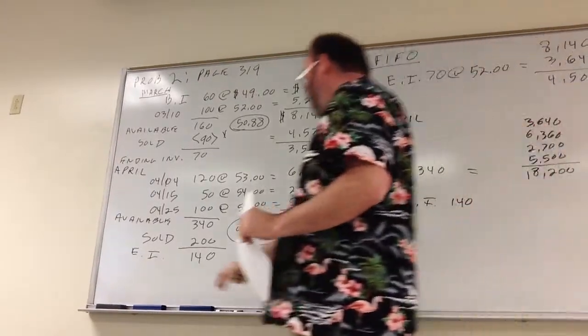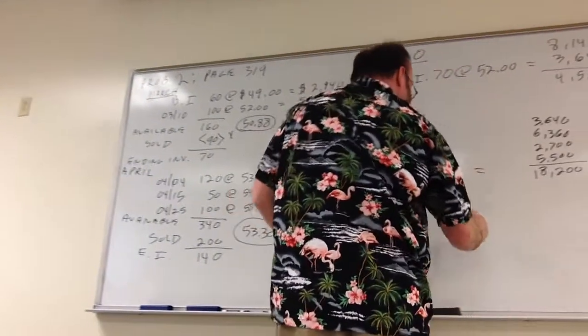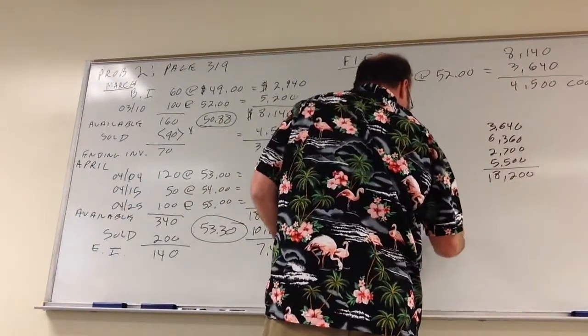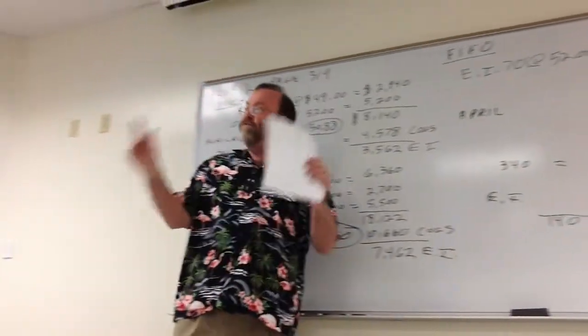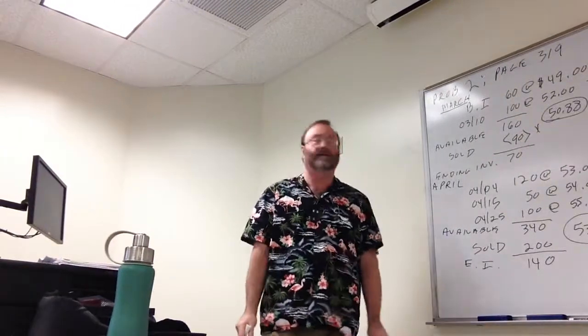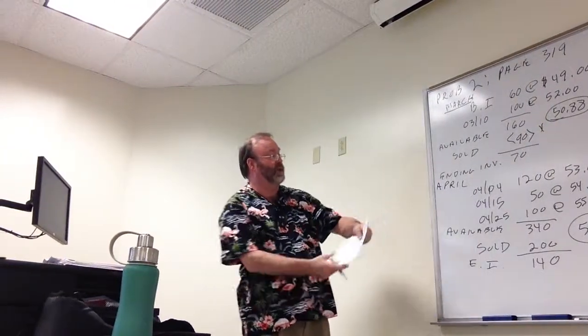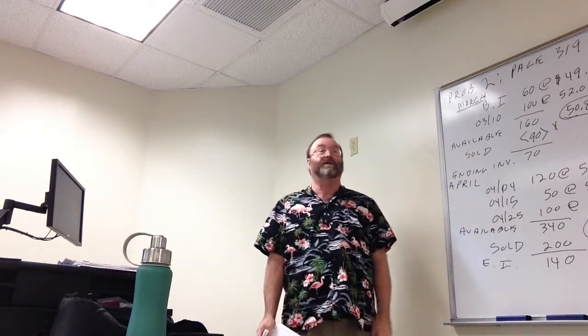Actually, let me move that down a little bit. That's what's in ending inventory. Under FIFO, which units are they? And you can still use this table over here because this data is unchanged.